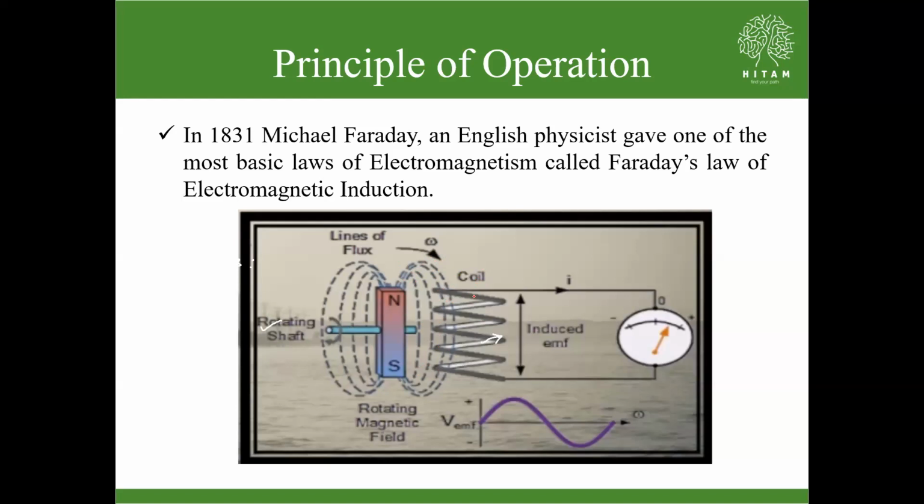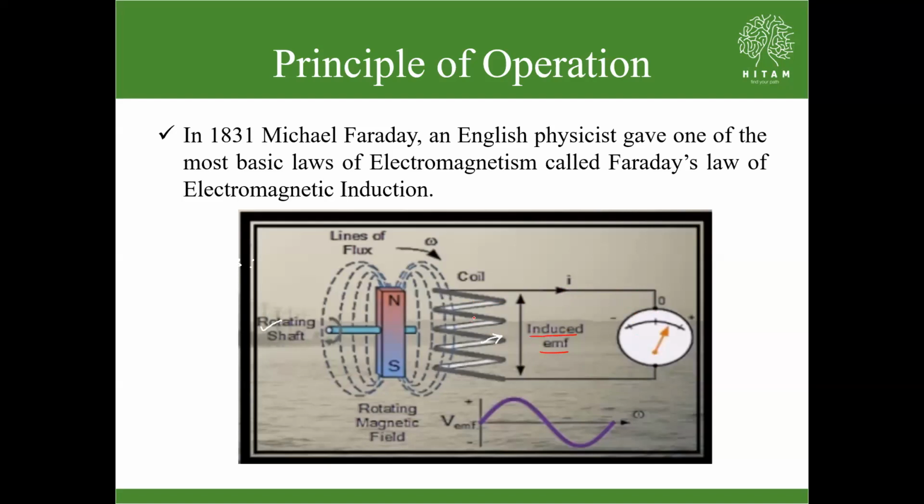So whenever this coil or conductor is placed in a varying magnetic field, what is going to happen? An EMF gets induced in the conductor. If the circuit is closed, then current will pass through the circuit due to this induced EMF.